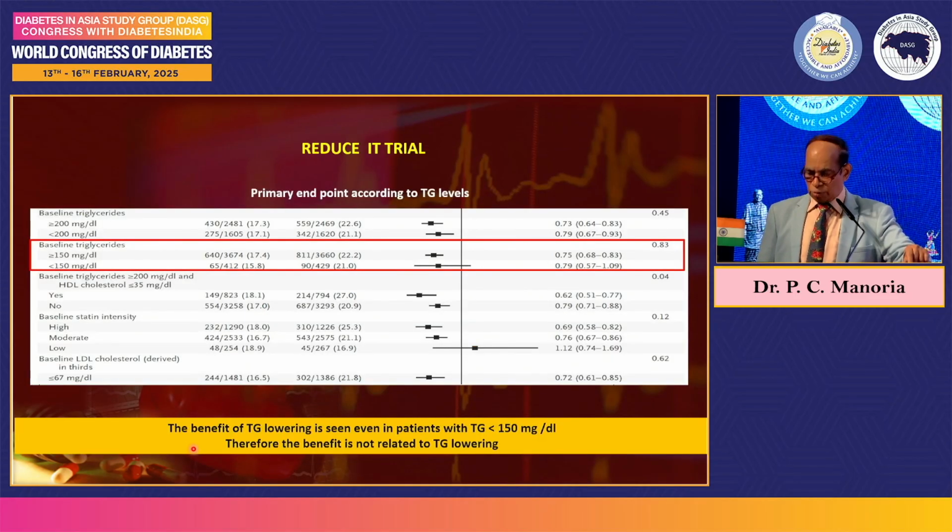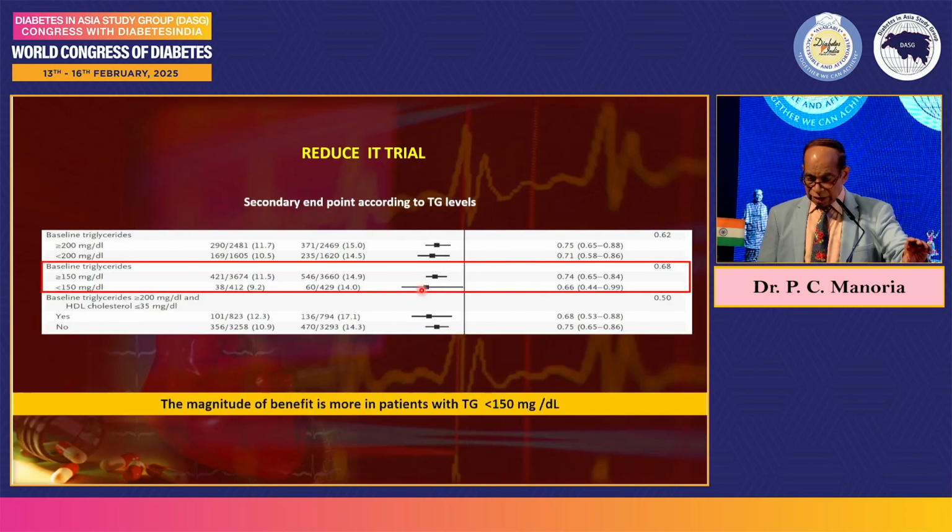But when subgroup analysis was done, you can see triglycerides less than 150, more than 150, no difference. Secondary endpoint, benefit was more in triglyceride less than 150, clearly indicating that the mechanism of reduction in cardiovascular events was not related to lowering of triglycerides. In fact, the REDUCE-IT trial was not a triglyceride lowering trial, it was a vascular trial.